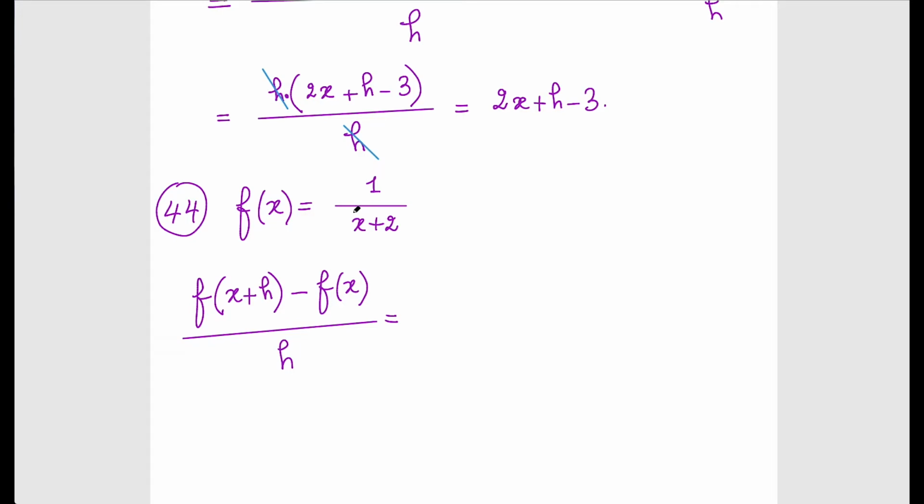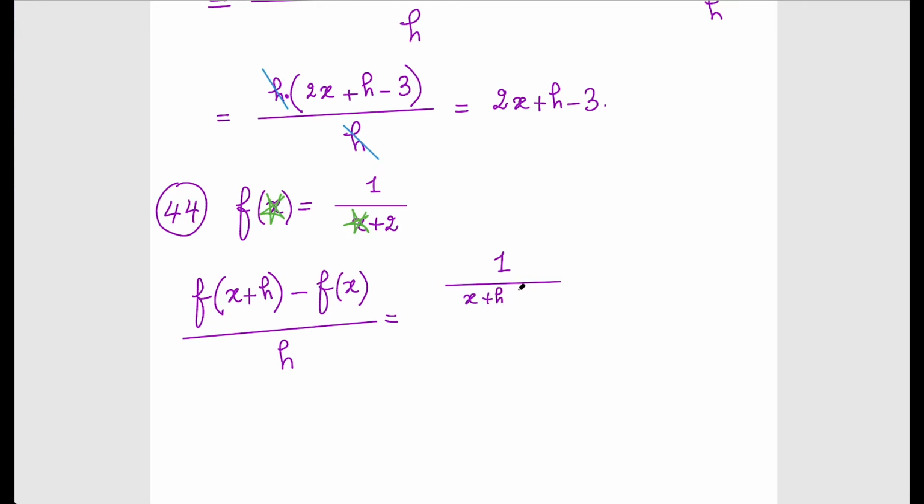F of x, I know it. What's f of x plus h? So let's call this star to not to confuse the x's and so on. What's f of x plus h is if f of anything is equal to 1 over the thing plus 2 is gonna be equal to 1 over my star here happens to be x plus h, so I get x plus h plus 2, right?